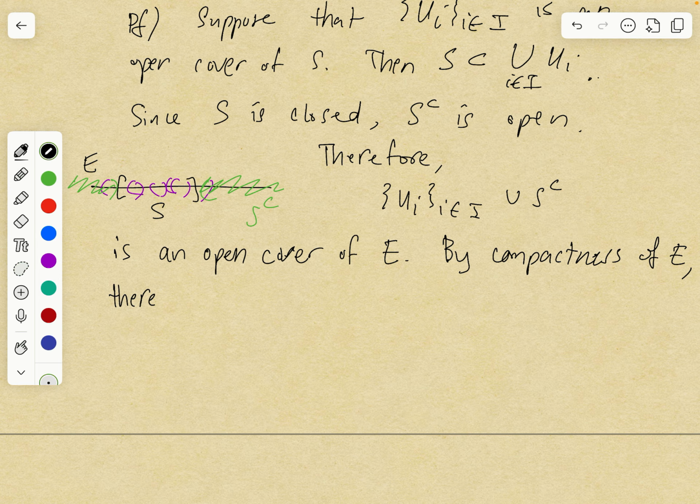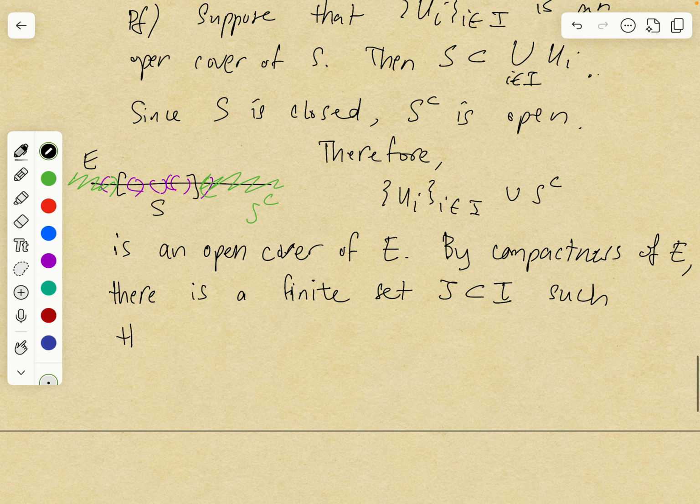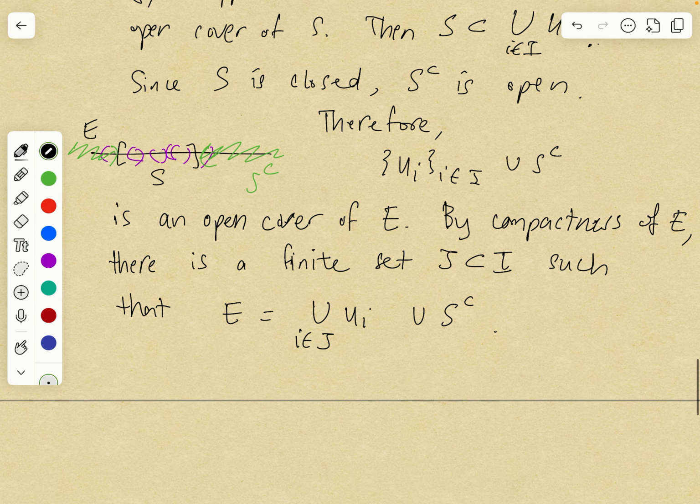So by compactness of E, there is a finite set J, a subset of I, such that E is the union of the UIs for I in J together with S complement.